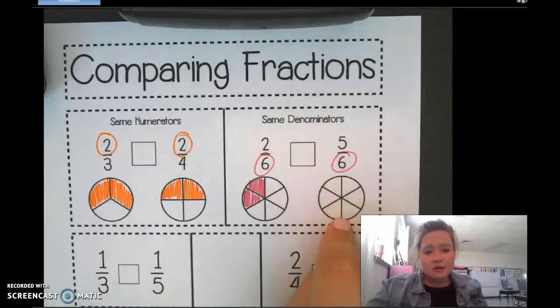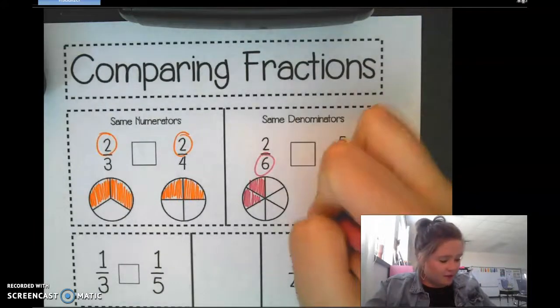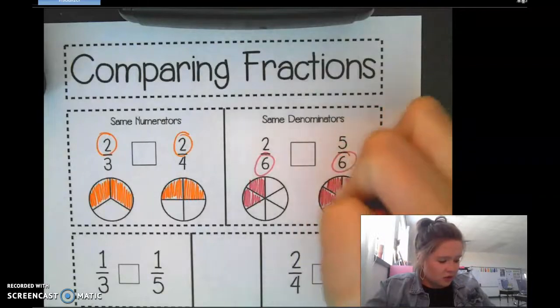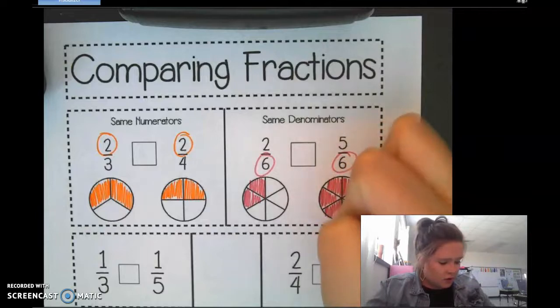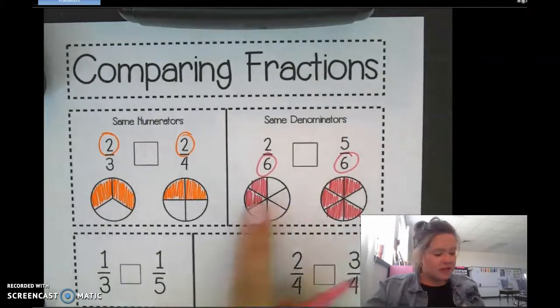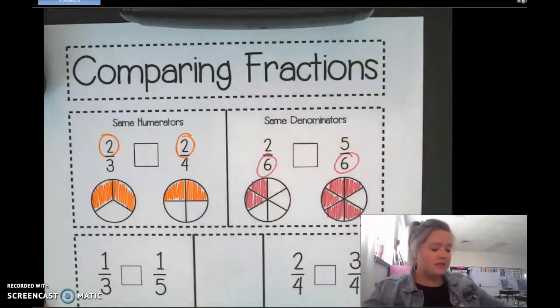How many pieces are going to be shaded in 5/6? Good. 5 pieces are going to be shaded. 2, 3, 4, 5. All right. There are the 5 pieces. There are the 2 pieces. These both represent 2/6, and that one represents 5/6.